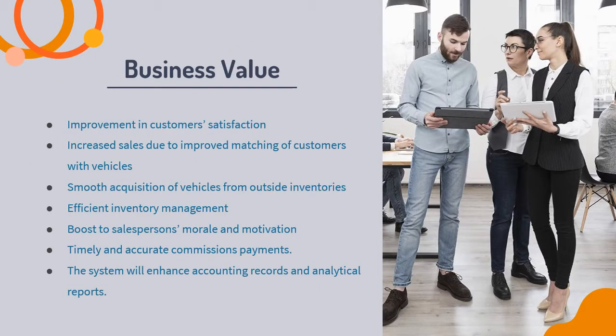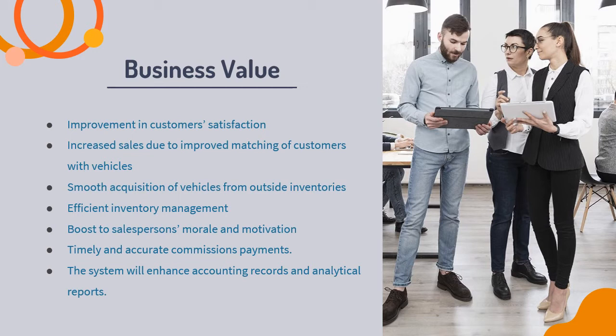Let's move on to the business value section of the system request document. We expect there will be an improvement in customers' satisfaction, which in turn will increase sales because customers will be matched with the most appropriate vehicle.